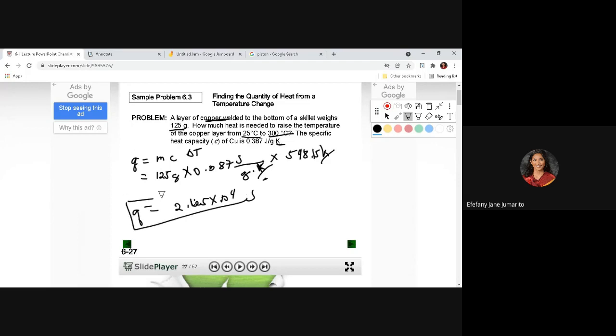So this is the amount of heat needed for your copper to raise from 25 degrees Celsius to 300 degrees Celsius.